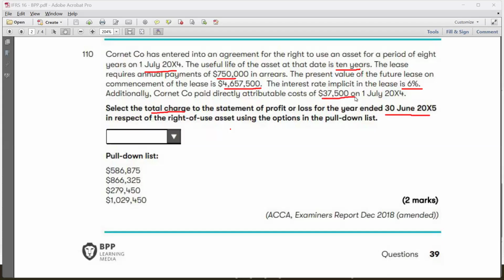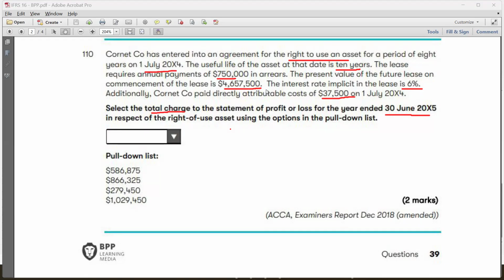Now this is the twist here, that we have the present value of the future lease payments and some directly attributable costs. When it comes to calculating the depreciation, we need the value of the right to use asset. The right to use asset will have the present value of the future lease payments and the directly attributable cost.